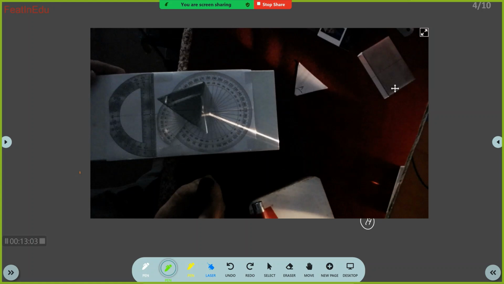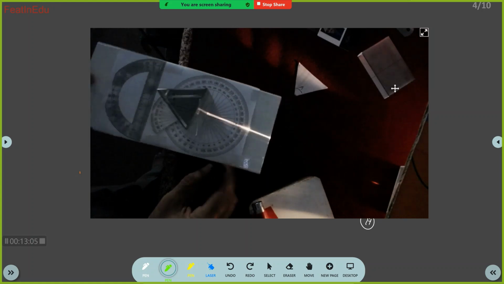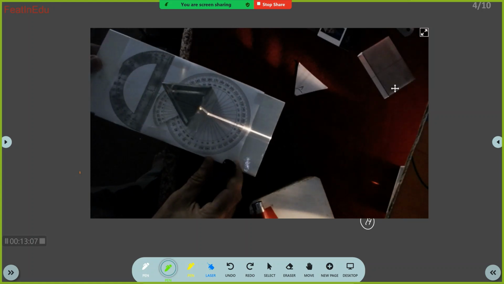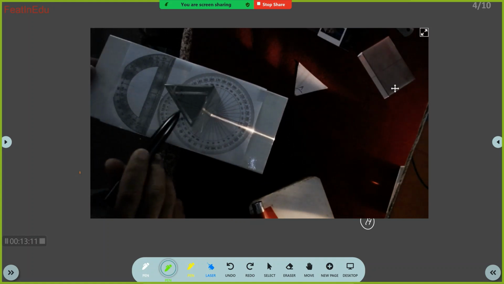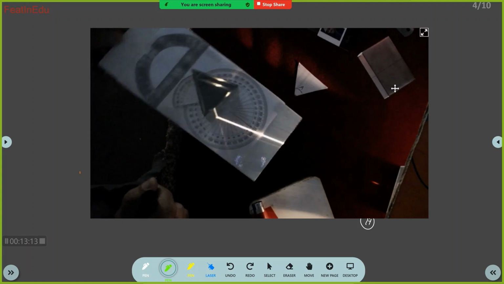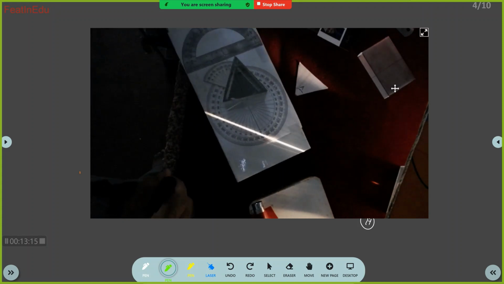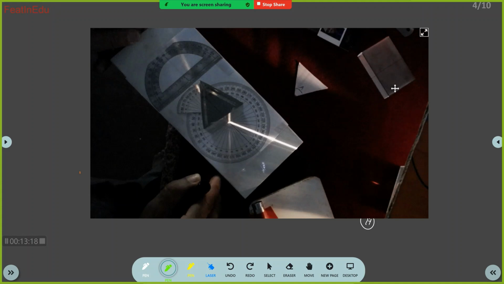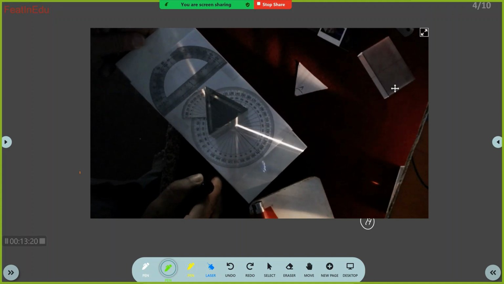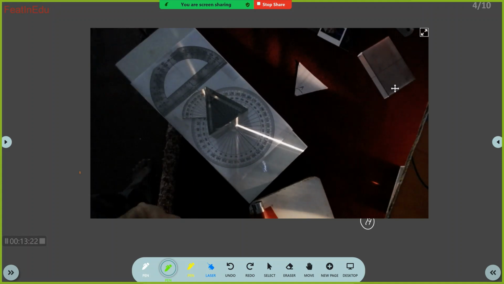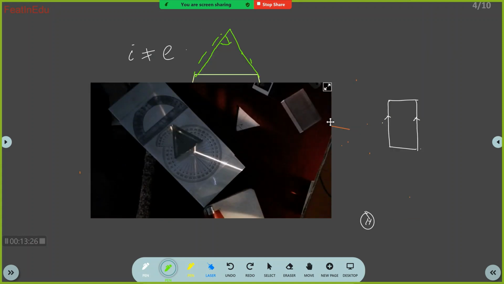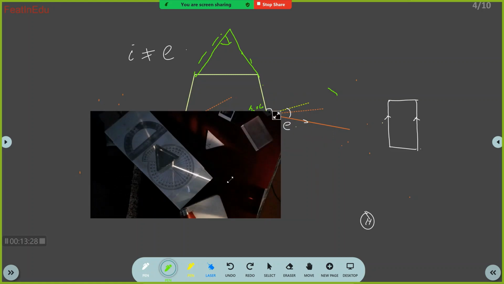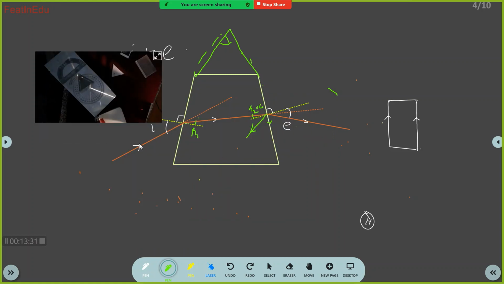So here this is 90 degrees incidence. Either I turn it this side or this side, the emergent ray is coming out here, and what you see here is the minimum angle of deviation. As I taught you yesterday, there is something called the angle of deviation. I'll show that for you.